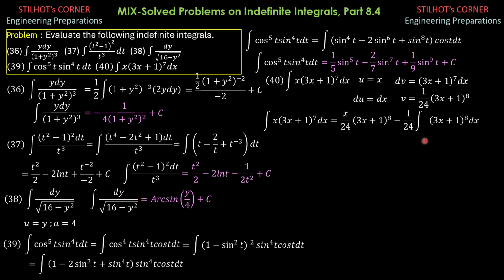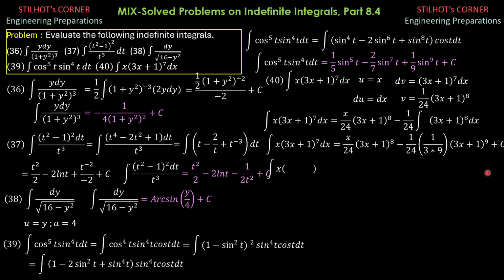So 1 over 24 times 3, then 1 over 9, quantity 3x plus 1 to the 9. So that would be x over 24 times quantity 3x plus 1 to the 8, then minus 1 over 24, 1 over 3 times 9, then quantity 3x plus 1 to the 9 plus c.